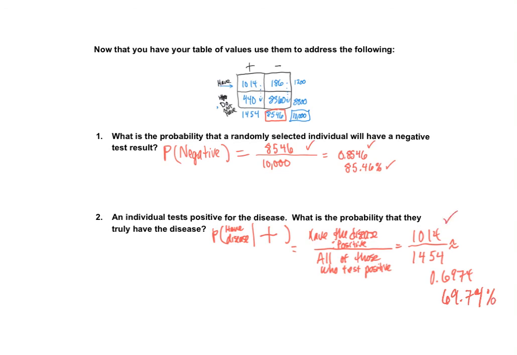So we have our fraction, our decimal representation, and we converted that into a percent. If a person has a positive result, the probability that they do have the disease is about 0.6974, which means even if they test positive, there's only a 69.74% chance that they actually have the disease.